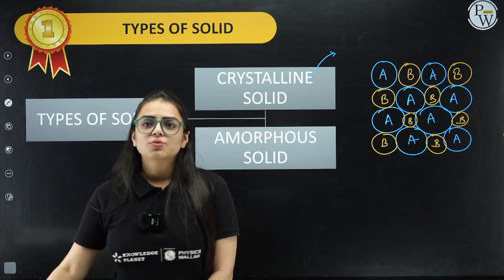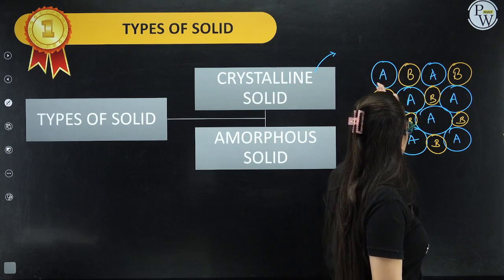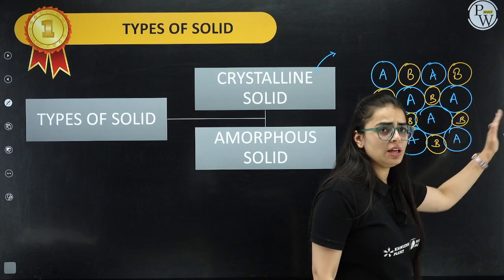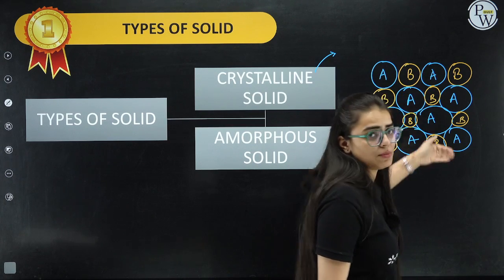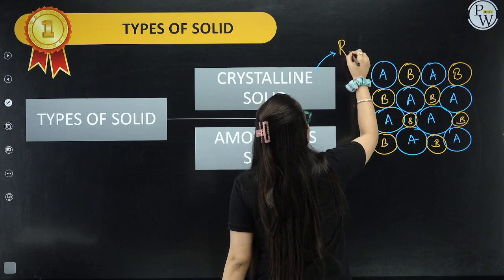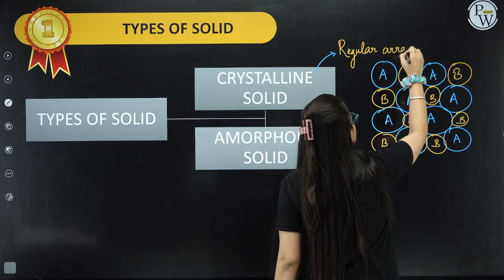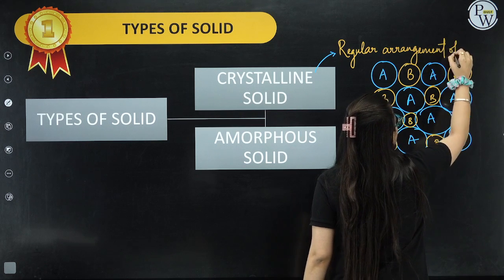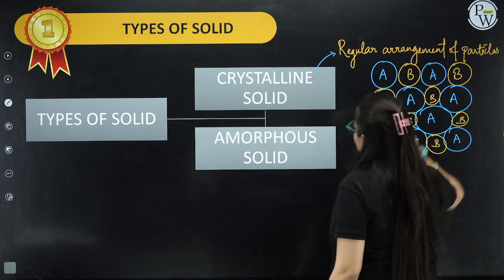What are we observing over here? There is a regular pattern. It is A, B, A, B, B, A, B, A, A, B, A, B, B, A, B, A, A, B, A, B, B, A, B, A, B, A, B. You are observing that, ma'am, there is a regular arrangement of particles.